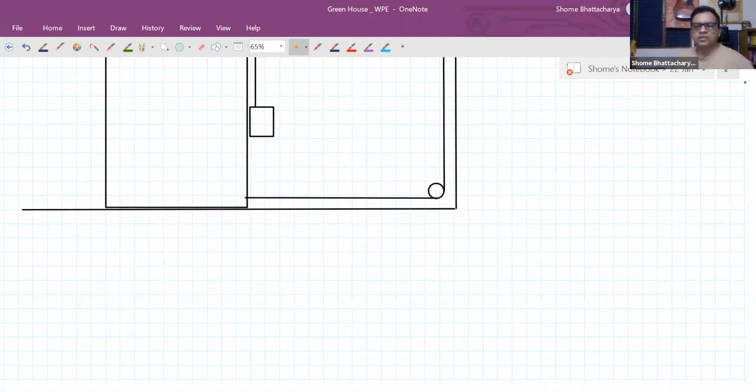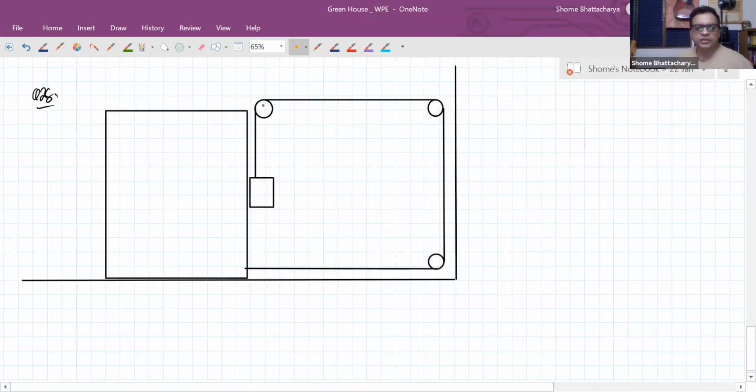Now, the thing that makes this question complicated is that all the surfaces have friction. Okay, it's very easy to make a mistake with the normal contact force and therefore the friction. That's why I'm referring to this question here.